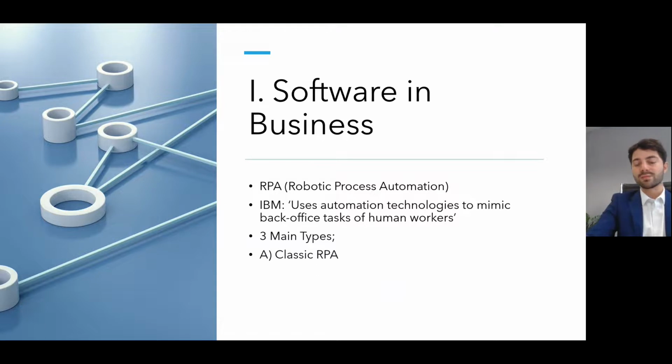There's three main types. You have your classic RPA, which does exactly what it says on the tin, which I just described. But you also have your IT process bots who can prioritize action plans and send multiple alerts to different places. And then you have your cognitive bots, which can actually mimic a human being.